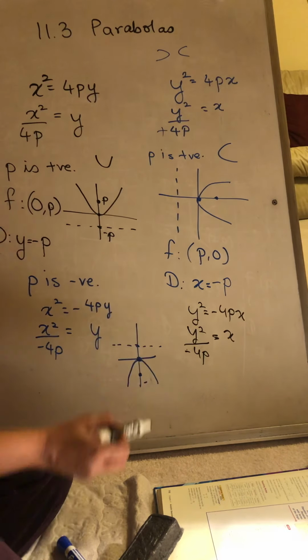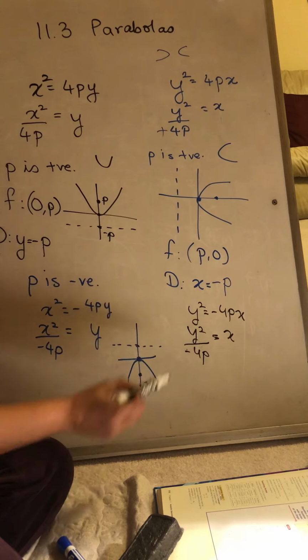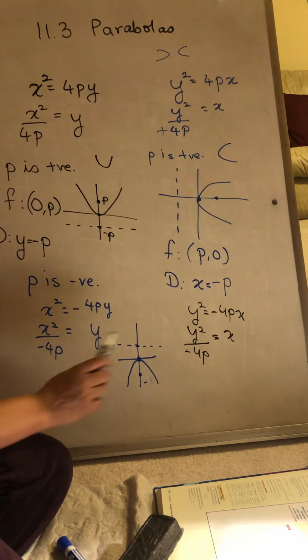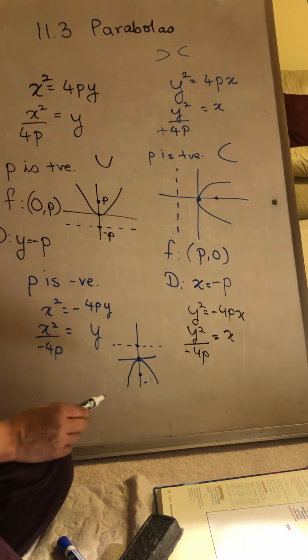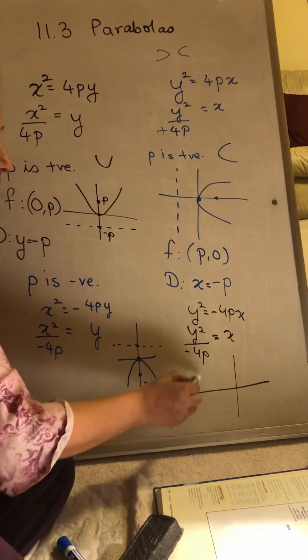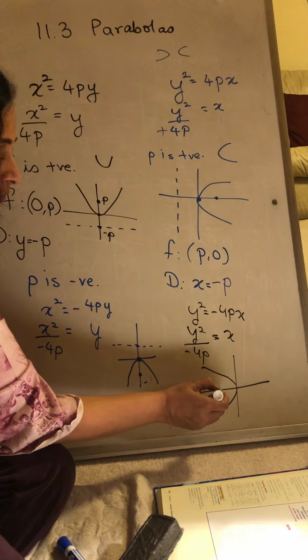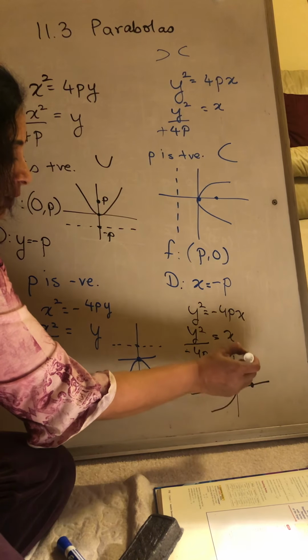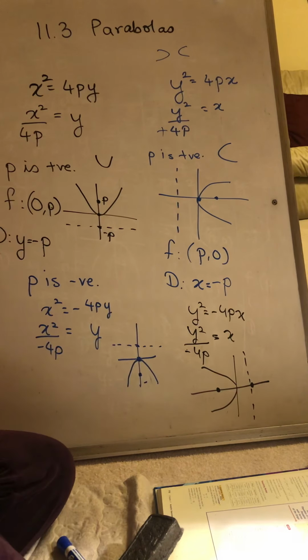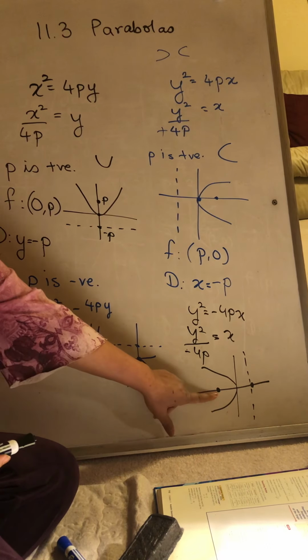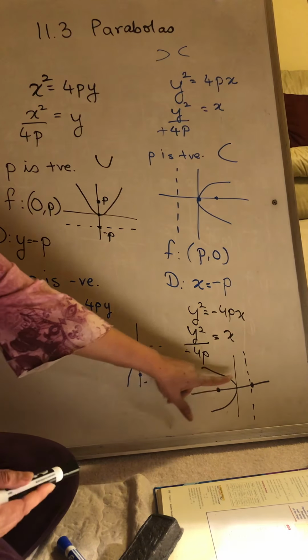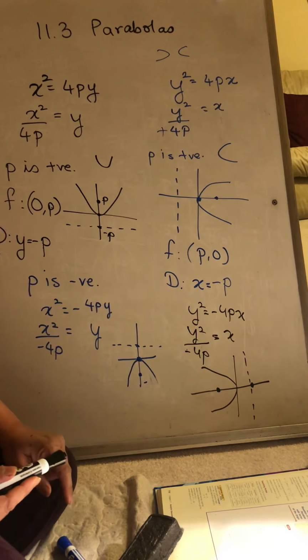See, this y square tells me it's left or right, and this negative tells me that out of left or right, it is the left one. So this is going to be my focus here, and this is going to be my directrix. In this case, my P will be negative, and negative P, the negative of a negative, will give me a positive number there.